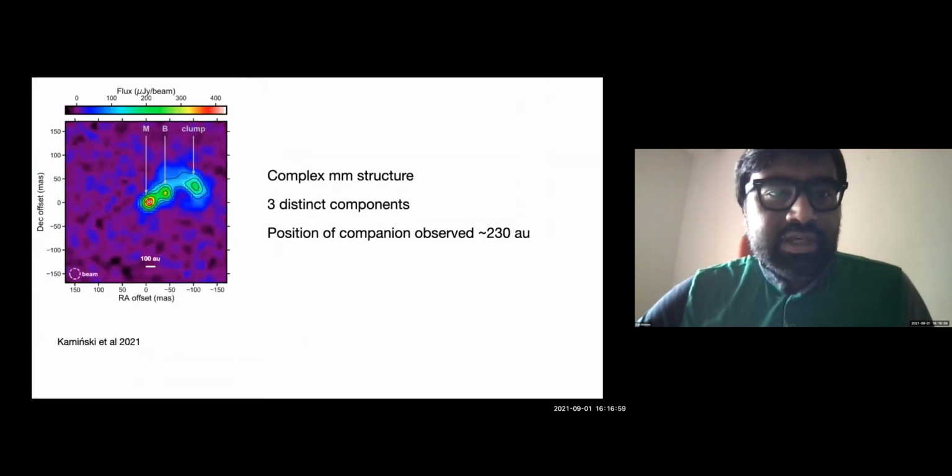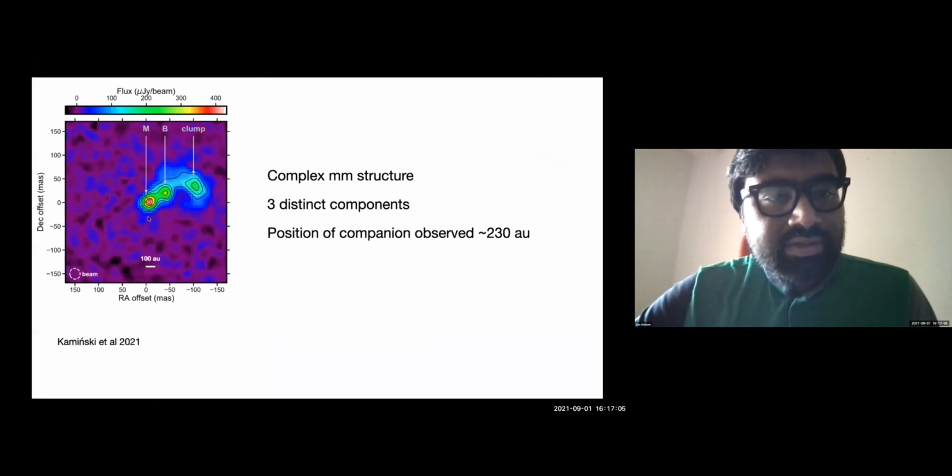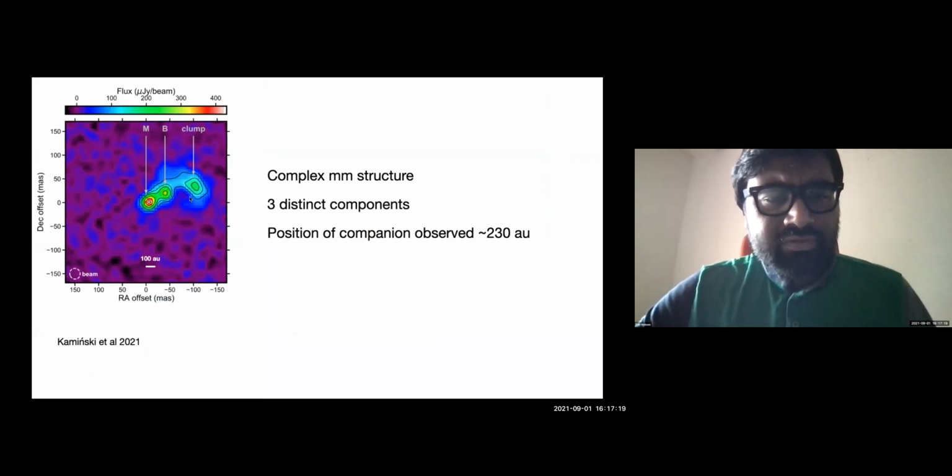So what does the ALMA data reveal in the millimeter? As you can see on the left, we have this very complicated structure. It is distinctly divided into three components. We call the central component, where the merger remnant is located, component M. Component B is the position of the B-type star and the material encircling it.